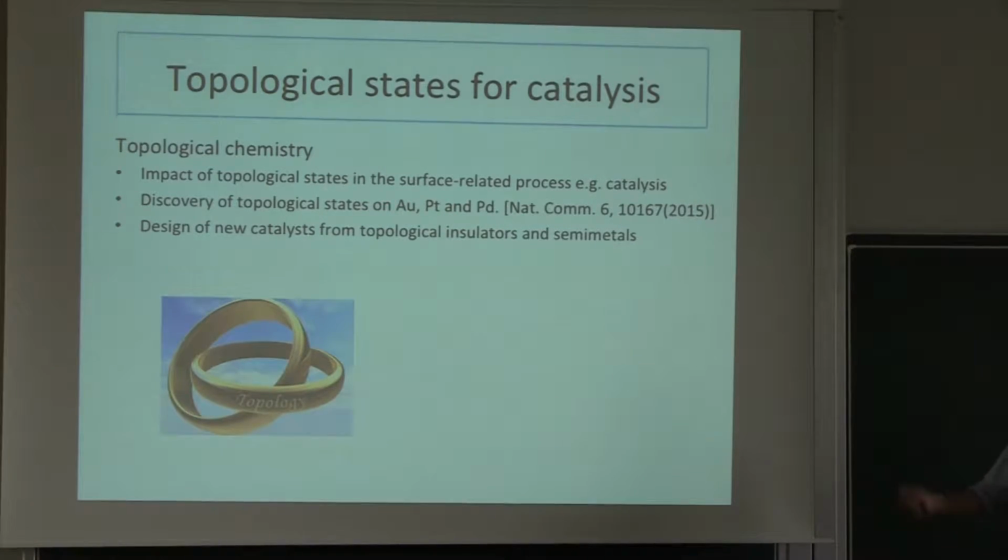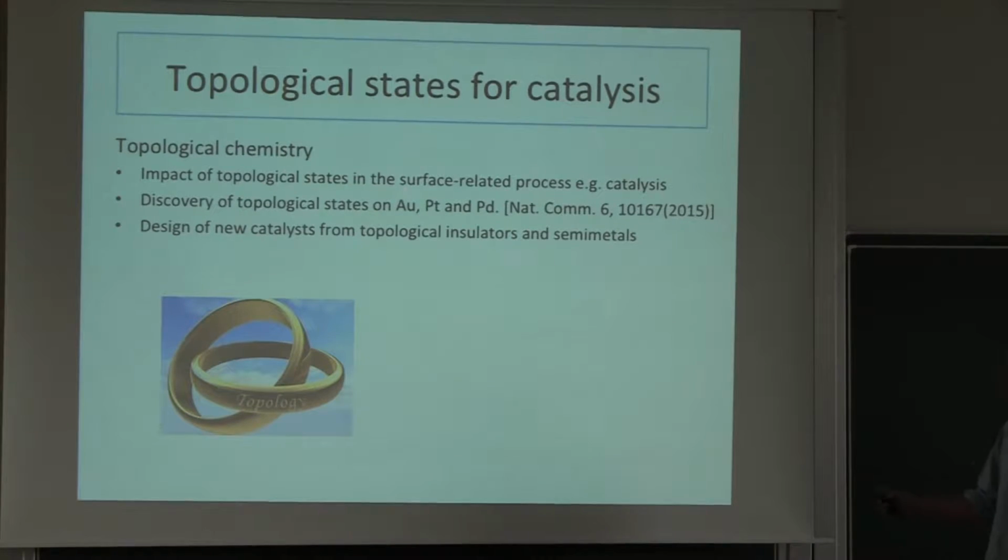And one thing really encouraged us is, first, as Benjamin already showed, in the gold surface we already found the known Rashba states, and they are indeed topological states. And gold, platinum, these metals, they have worked as catalysts for years or for centuries. Whether these topological states play some role there is still an open question.